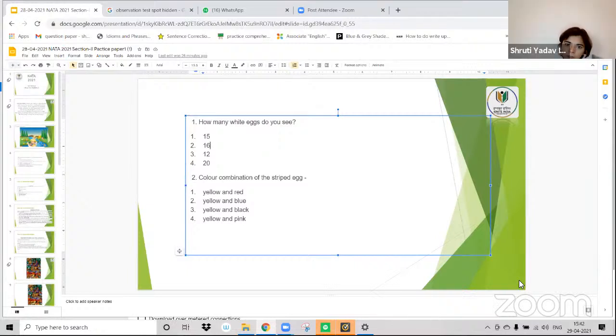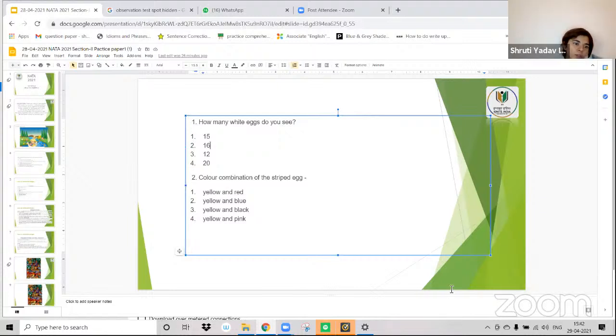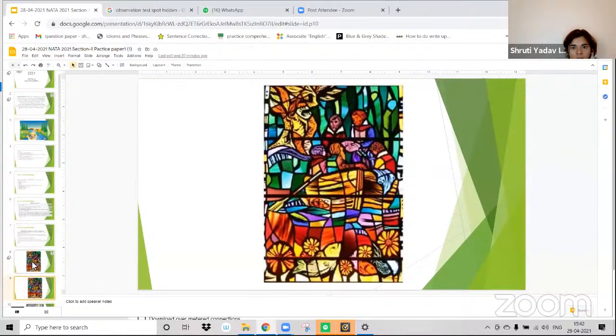Can you give some tips to find the spot the difference, because it's a bit complex? So one major thing would be to remember the placement of the objects. The first thing that you should have noticed is the man's face changing. So the directional awareness has to be there.